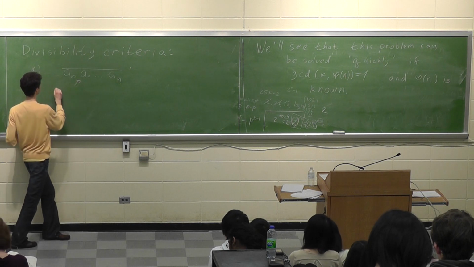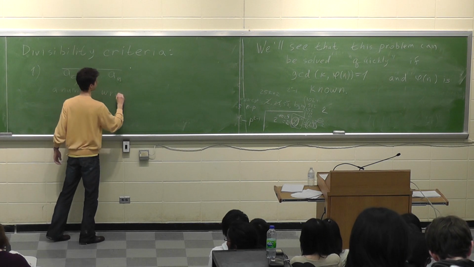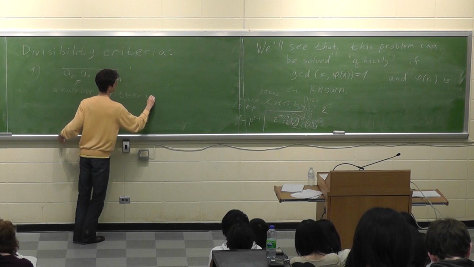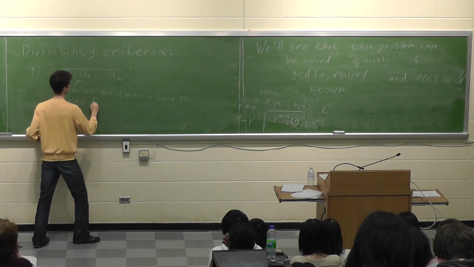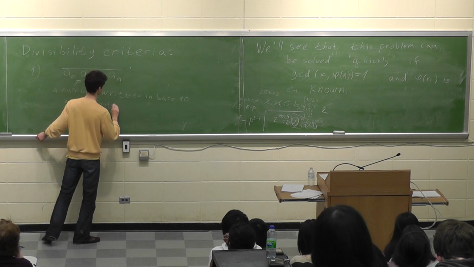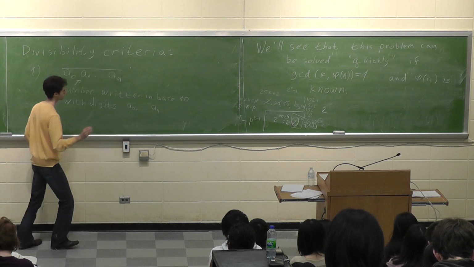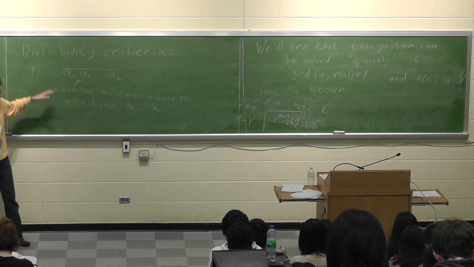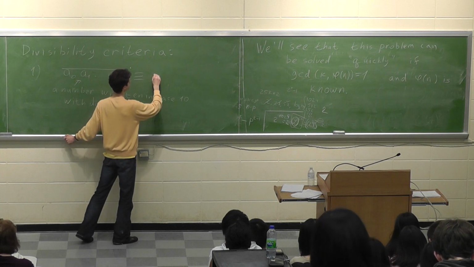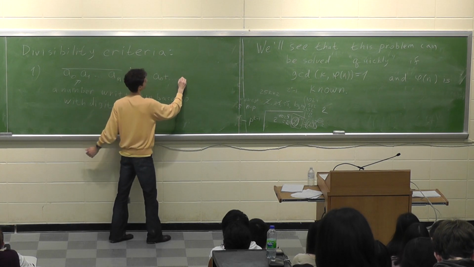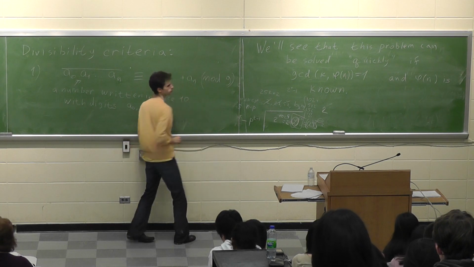So a number written in base 10 with digits a_n, ..., a_0. So the claim is as follows. This number has the same remainder modulo 3 as the number with digits, in fact, not only modulo 3, even modulo 9, even stronger.